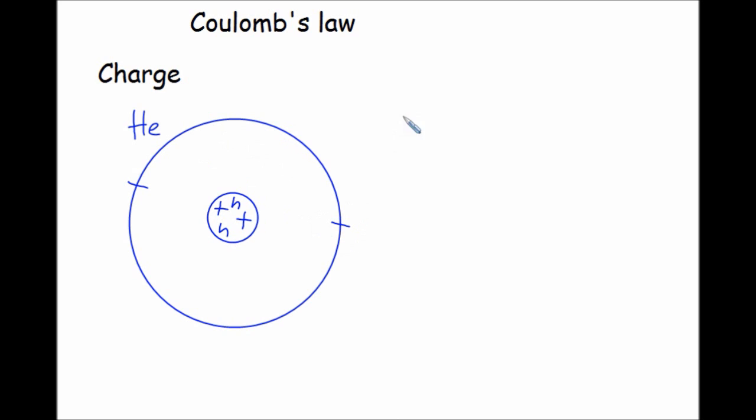So in mathematics, if you add positive 2x plus minus 2x, what you will get is 0.